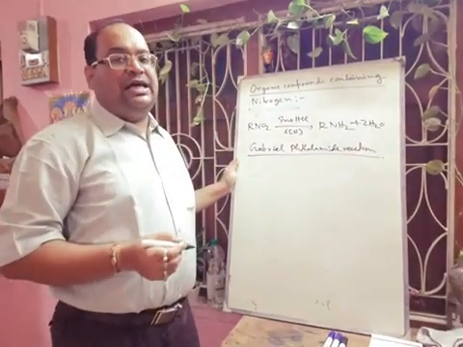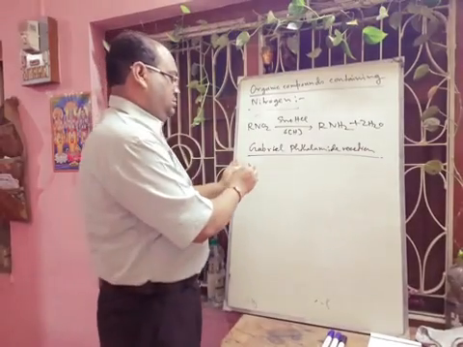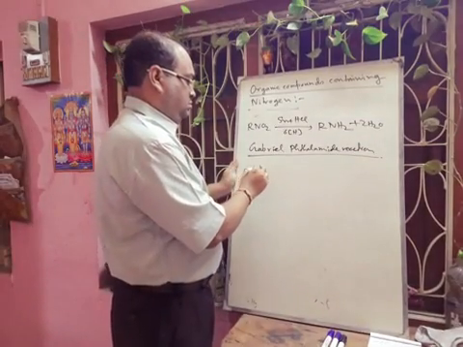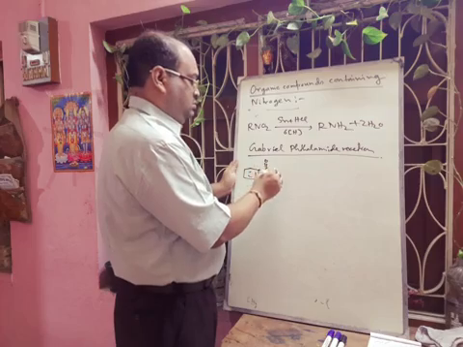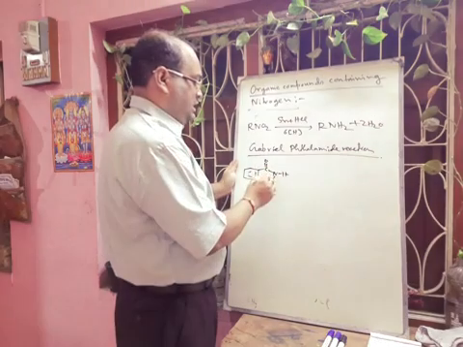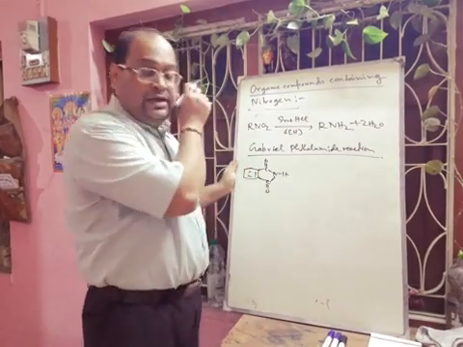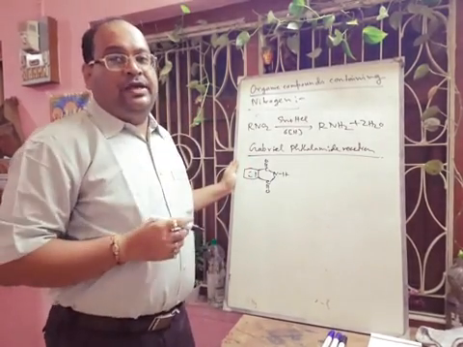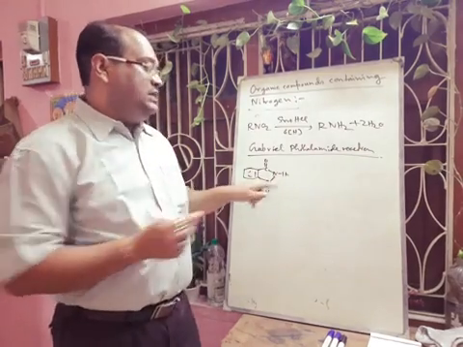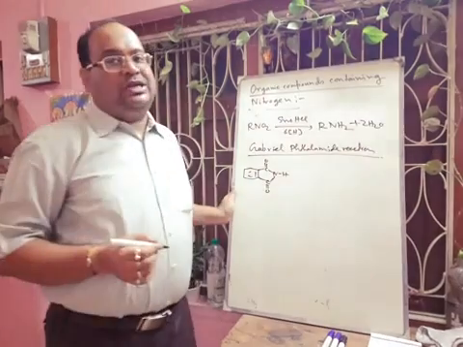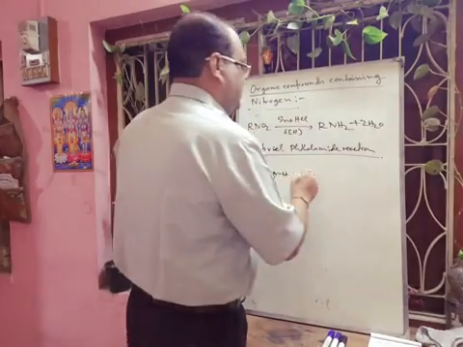Now in this Gabriel phthalimide reaction we have to use phthalimide. This one is phthalimide, prepared from phthalic anhydride by reaction with ammonia. Then we have to abstract this proton by using alcoholic potassium hydroxide.